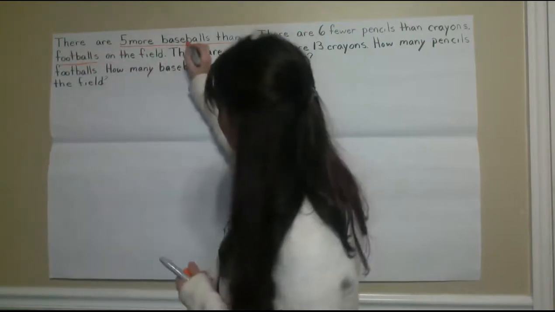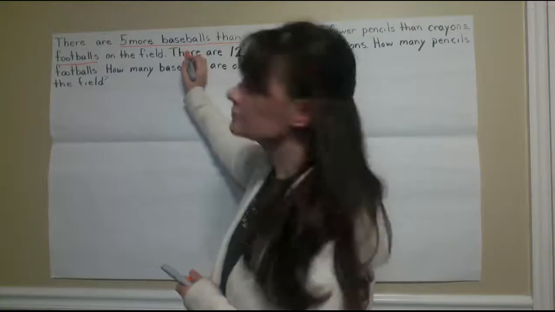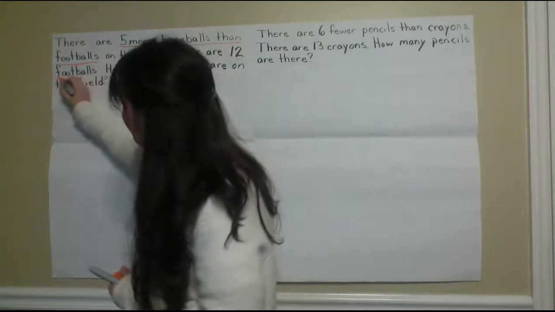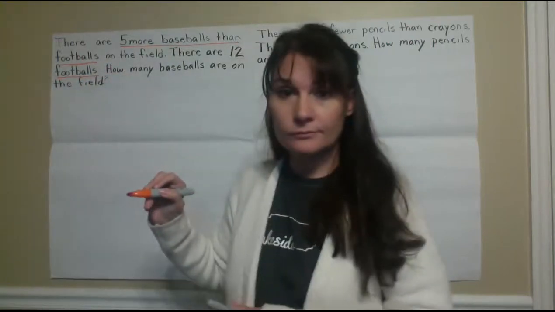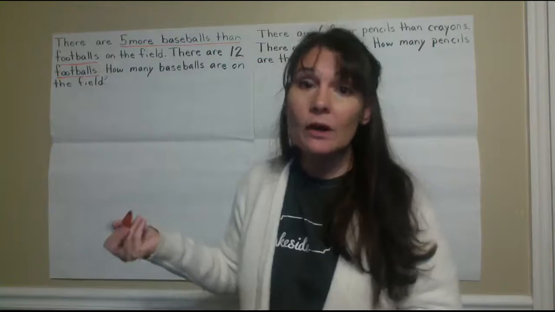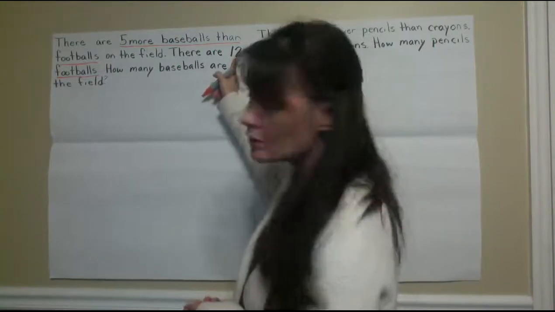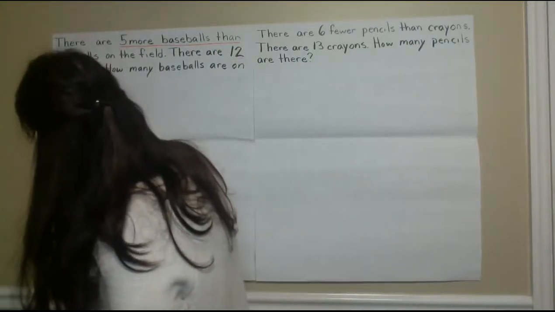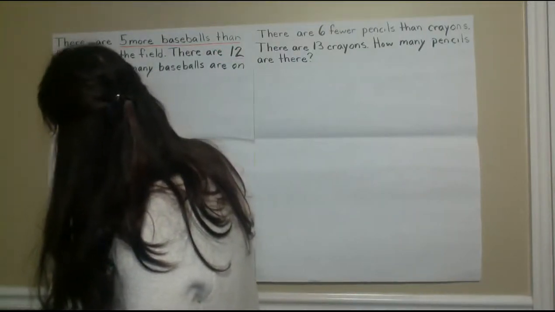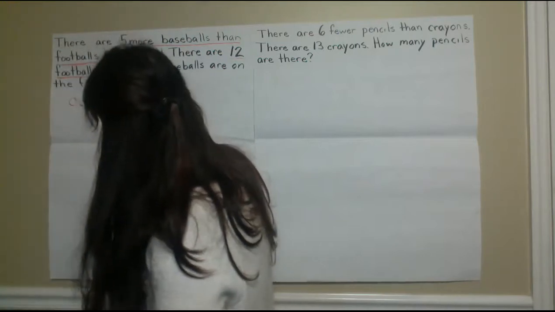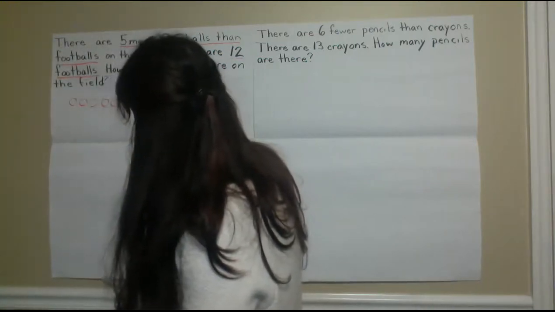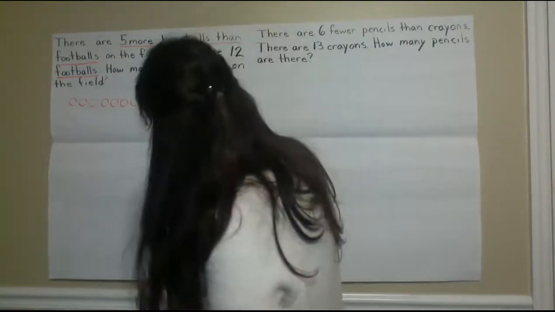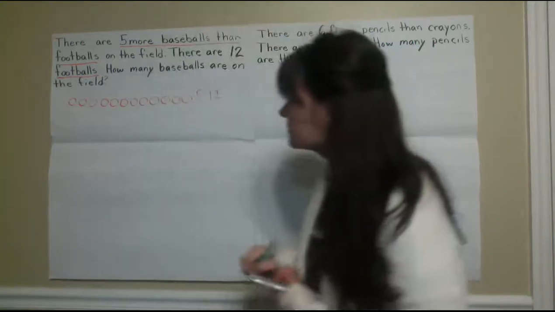So I know that baseballs are going to have more. There are 12 footballs. So let's think about what we know. We know that there are 12 footballs. There's 12 footballs, and I'm going to put an F so I know that those are my footballs.